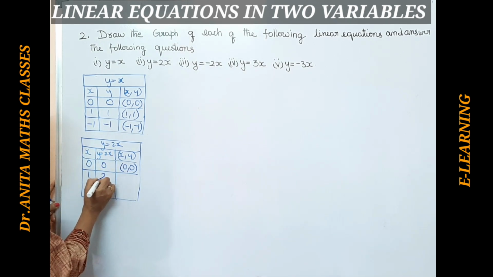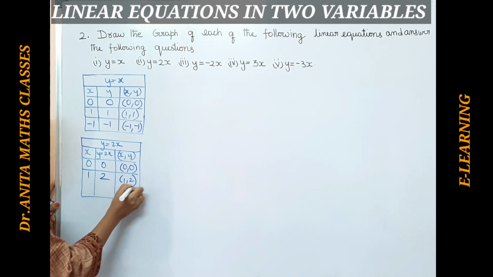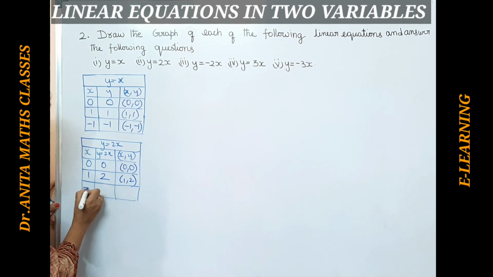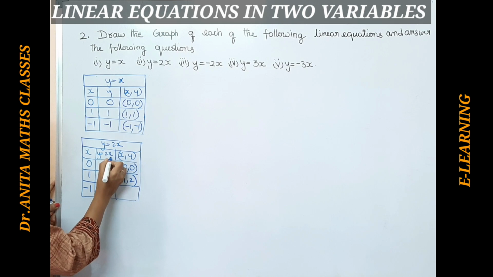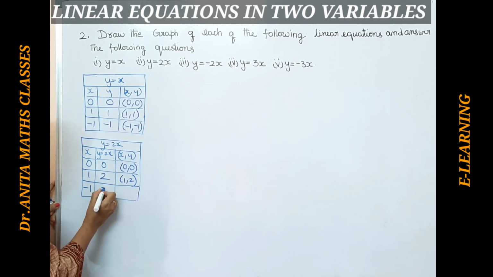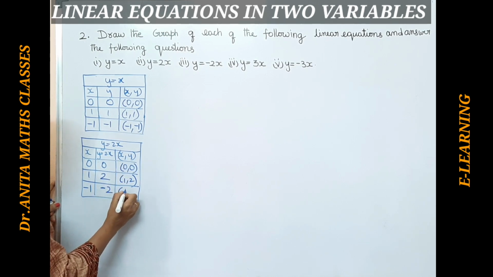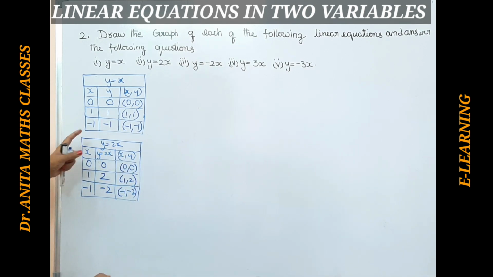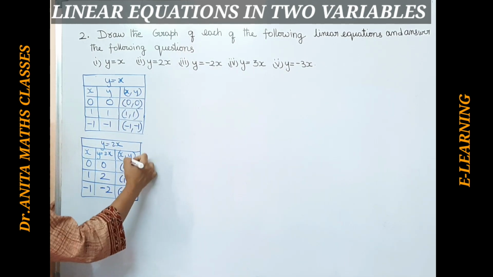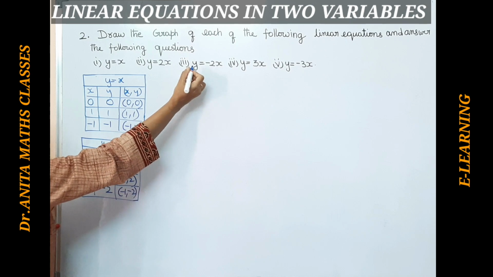So, y value is 2, so 1 comma 2. If I substitute the negative value minus 1, minus 1 into 2 is minus 2. So, y is equal to minus 2, so minus 1, minus 2. Since they are simpler values, I am doing it directly. If the equation is a lengthy one, you can do it in the rough part. So, these are the points for the y is equal to 2x graph.